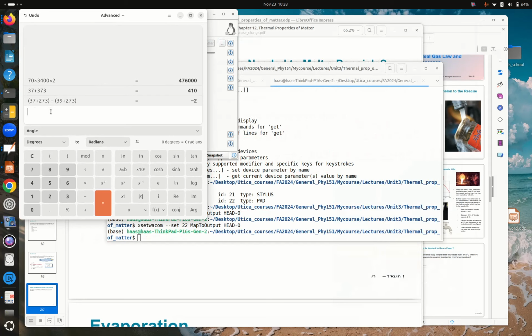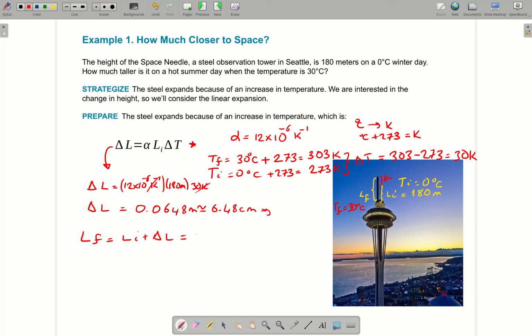I don't want to do it in my head and make a small silly mistake. 180 plus 0.0648. I'm going to round this to 0.065. And when we add them, we'll have 180.065 meters. A little bit of increase there.